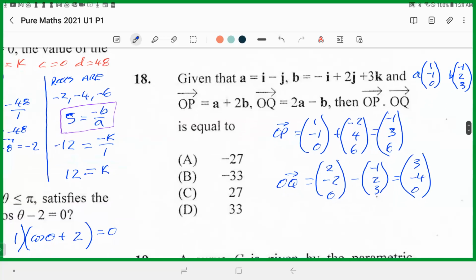And then we're doing a scalar product between this and this. So OP dot OQ equals negative 1 times 3 first, negative 3. 3 times negative 4 is negative 12. And then something is wrong.